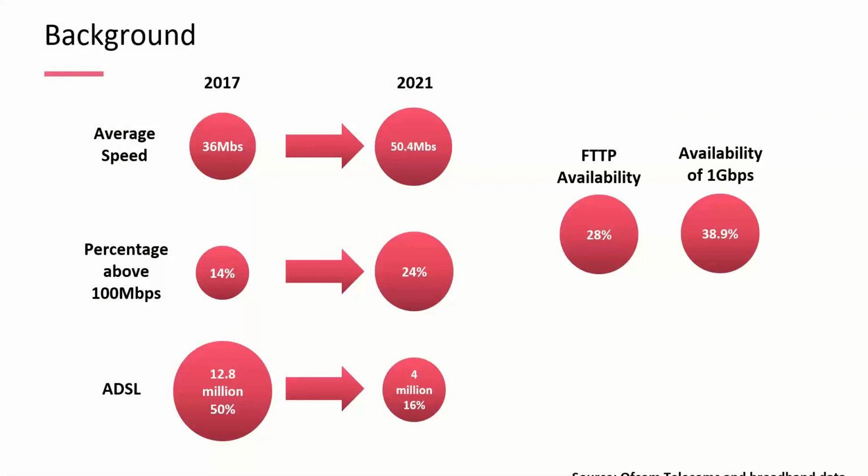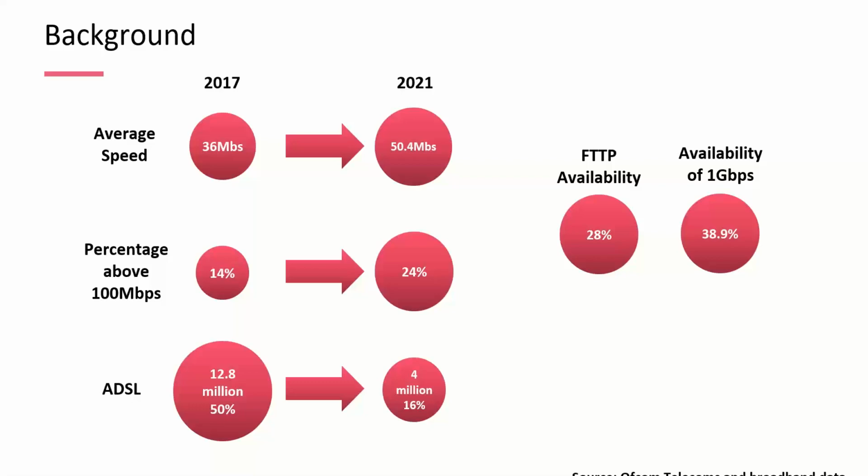So here's some data from Ofcom. They released telecoms and broadband data research, and that tends to be released every quarter, and the latest stuff they've released at the moment shows that the average speed that people are actually obtaining, if you look at all the residential connections in the UK and look at the average, it's moved from an average of 36 megabits per second in 2017 to 50.4 megabits per second in 2021.